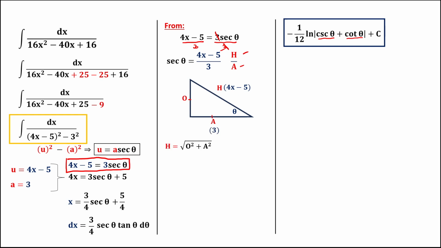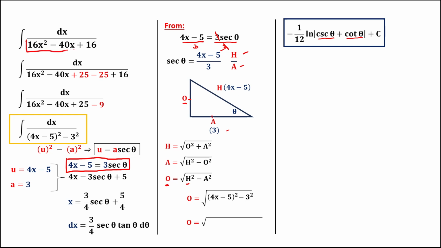So to find out the opposite, again we're looking for the opposite. We have the square of the hypotenuse minus the square of the adjacent, or the unknown side is the square root of this given denominator. So that's 16x squared minus 40x plus 16.